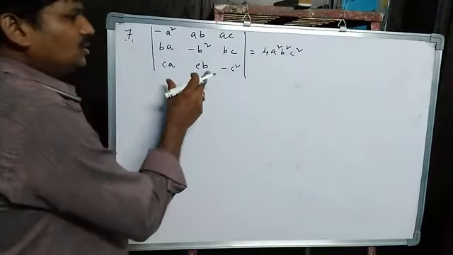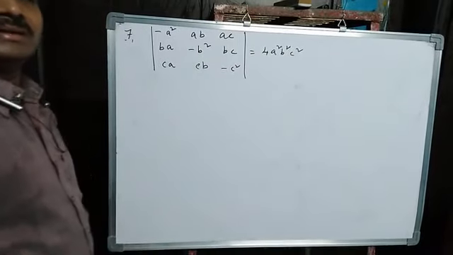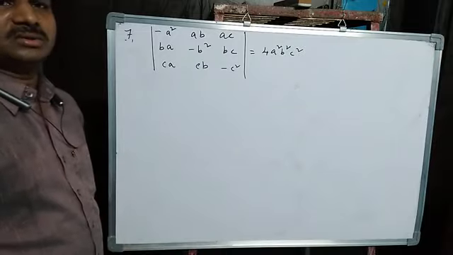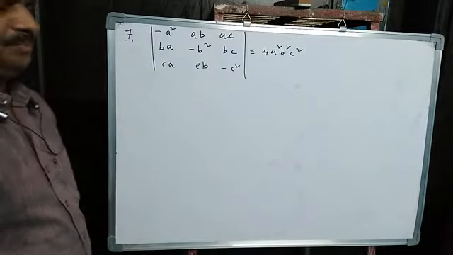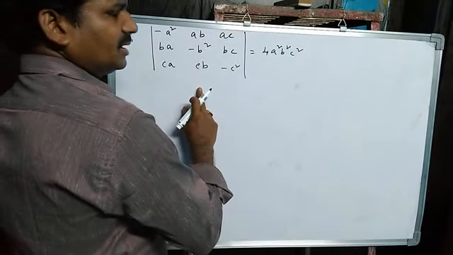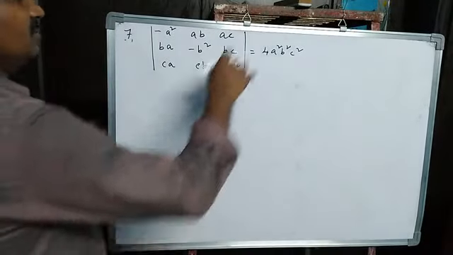To prove this, we have to use some operations and properties of determinants. Then only this determinant will get the value that he asked to prove. Okay, so how will it be? Just see.